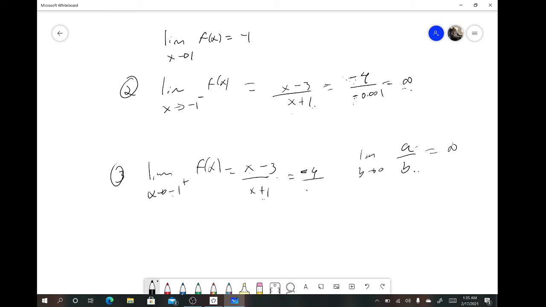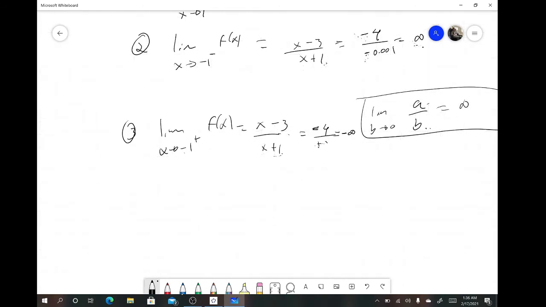But now in the denominator, since we're coming from the right side and not the left side, these values are going to be positive, because the closer and closer you get to -1 from the right side, you're adding 1 to all of those values, and all of those values are greater than -1. This is going to remain positive. So you're going to have some positive value in the denominator, which means that negative over positive is going to be negative. And again, by this rule, it's going to be minus infinity.